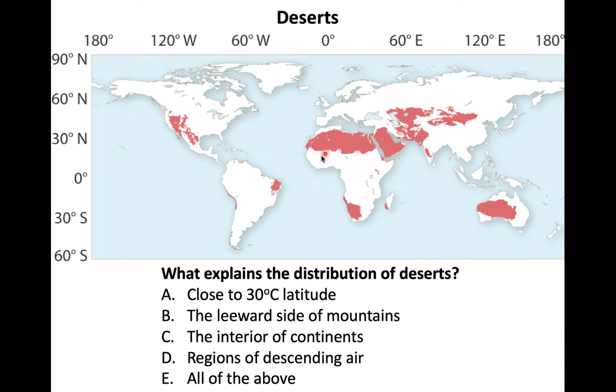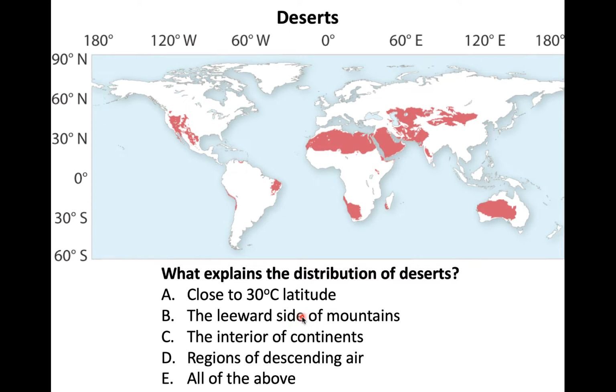Is that because all of these locations are near 30 degrees latitude? Is it because they're all on the leeward side of mountains? That means on the side in the direction in which the clouds are going over. So the thing I was just talking about, leeward side of mountains means the rain shadow. Are all these deserts caused by rain shadows?